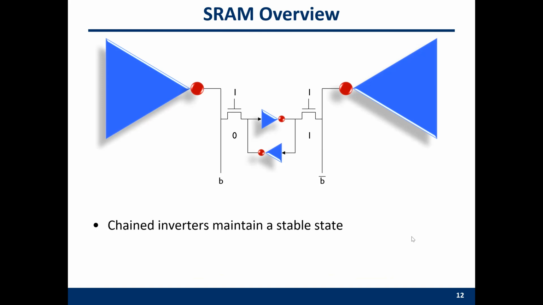One SRAM cell will cost you 6 transistors. So the overhead here is very large. That's the reason why you can only have a limited capacity of SRAM on a CPU.